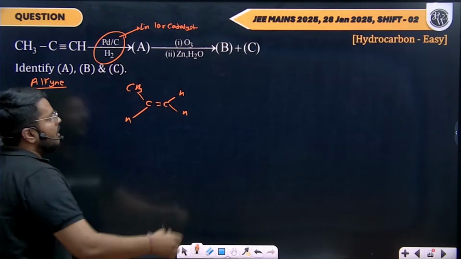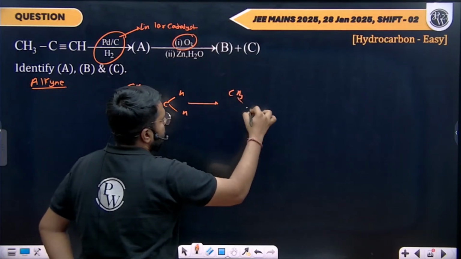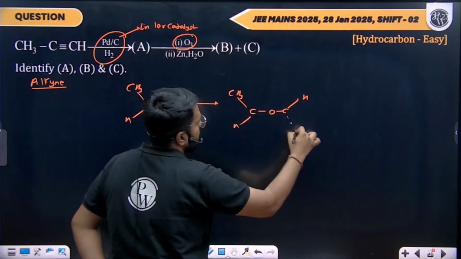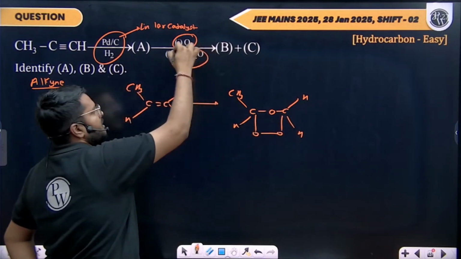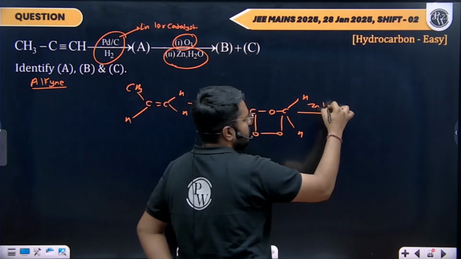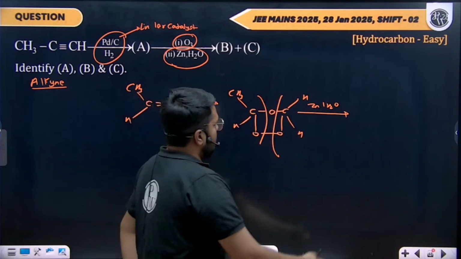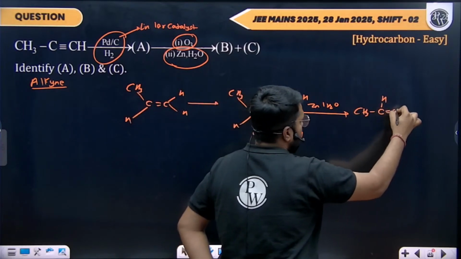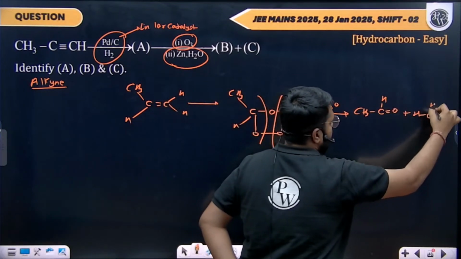Further, the alkene undergoes ozonolysis. It can produce an ozonide compound. After that, in the presence of zinc in water, it shows reductive ozonolysis. It can produce simply two aldehydes: CH3CHO and HCHO.